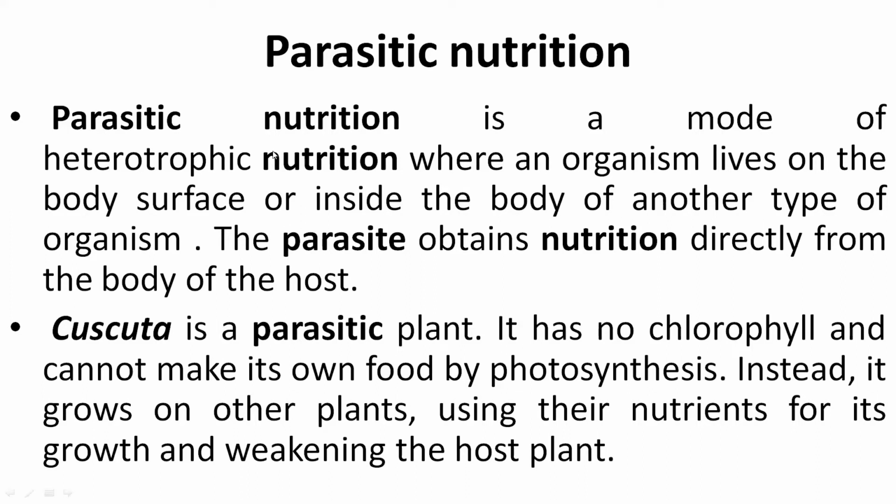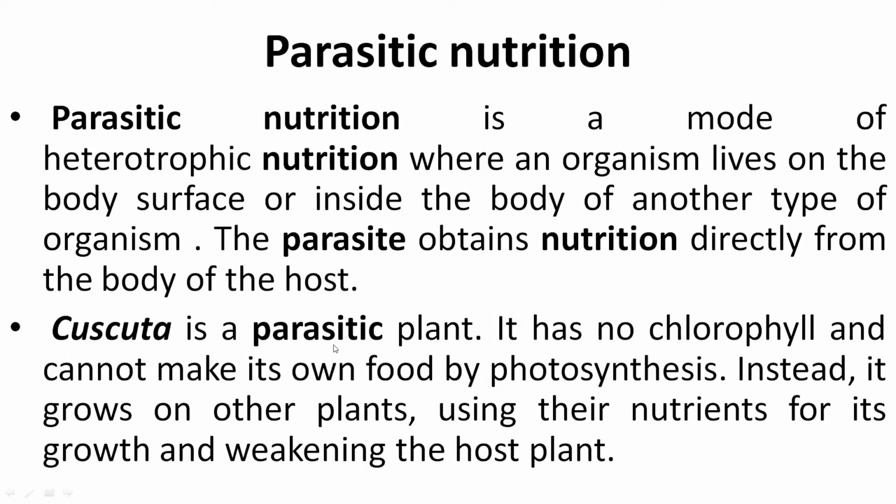See, parasitic nutrition is a mode of heterotrophic nutrition where an organism lives on the body surface or inside the body of another type of organism. The parasite obtains nutrition directly from the body of the host. Obtaining nutrition directly means that through sucking it obtains the nutrition from the host plant. But as it is parasitic in nature, I can say it destroys the plant.